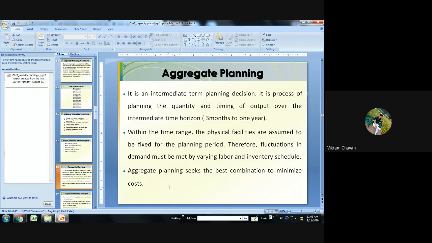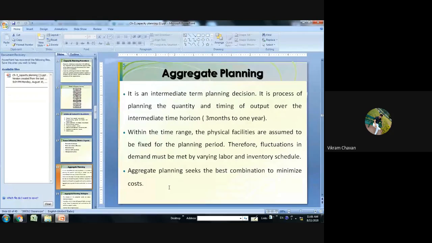During that time period, whatever facilities are available to produce the things, all the facilities are constant, and the fluctuating demand of the market is met by varying two variables. That is nothing but what?